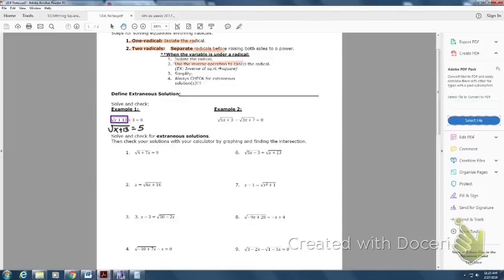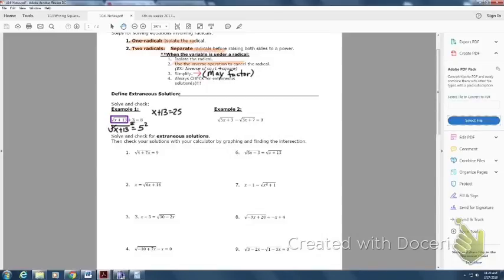Next step says to use the inverse operation. All that means is the opposite operation. So the opposite of square root is squared. So I get x plus 13 equals 25. Next step says to simplify. This is the part where you may have to factor.